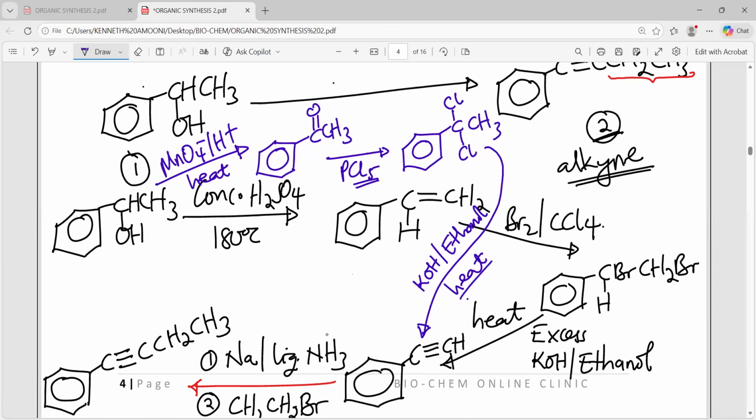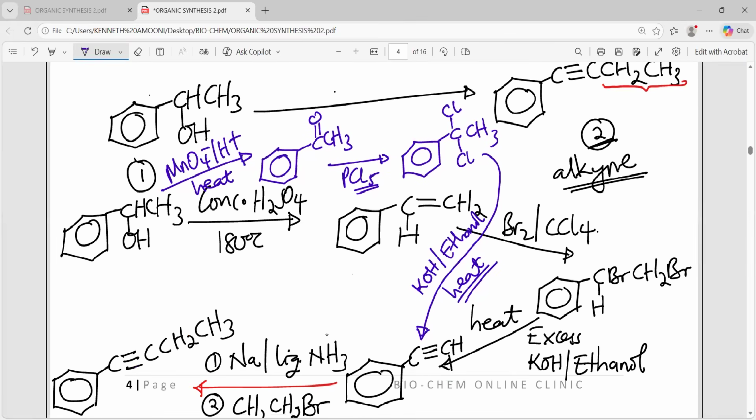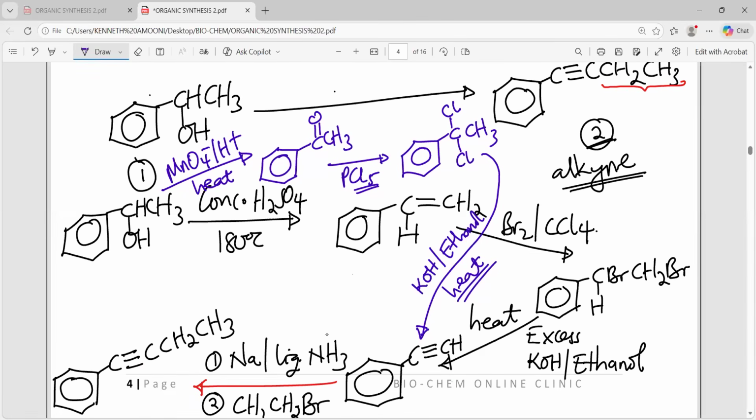Then after, you do the needful to increase the number of carbon atoms. So that is the first synthetic pathway we are taking. Here we are having the concept of increasing the number of carbon atoms. That is the concept we are employing there.